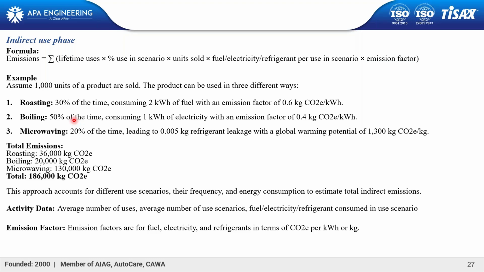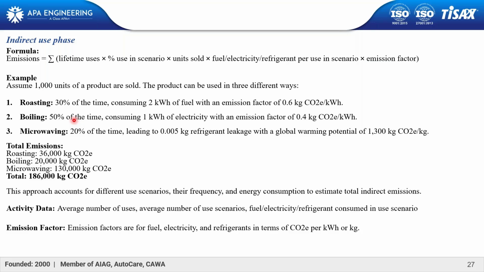Say if the food product is being used for roasting 30% of the time, that will consume 2 kilowatts of fuel. And if the product is boiled 50% of the time, the electricity consumed and the emission factors are mentioned.